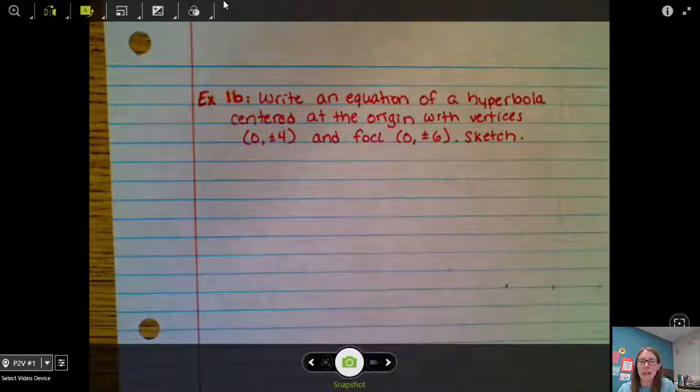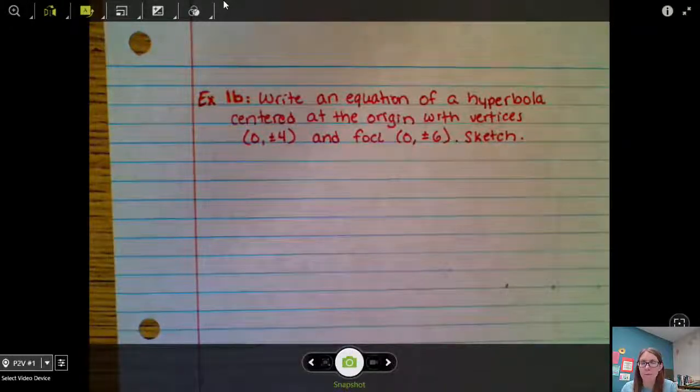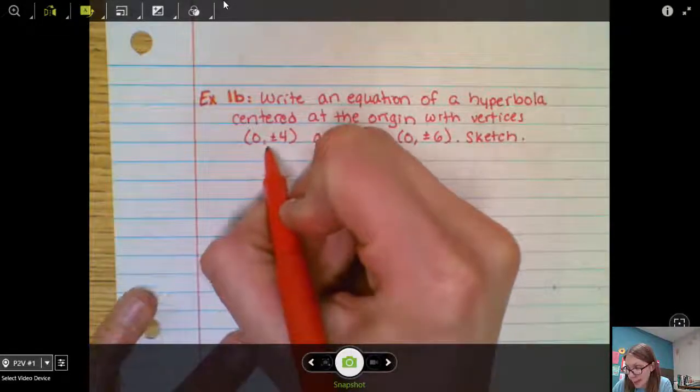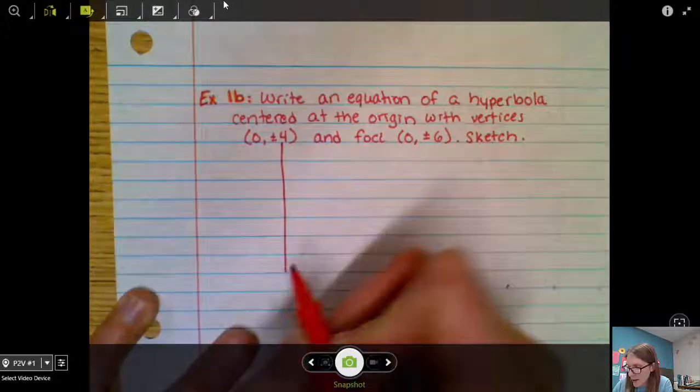Example 1b, we are going to write an equation of a hyperbola centered at the origin with vertices 0 plus or minus 4 and foci 0 plus or minus 6, and then sketch. So first of all, let's sketch what we have, and we can add to our graph as we go.